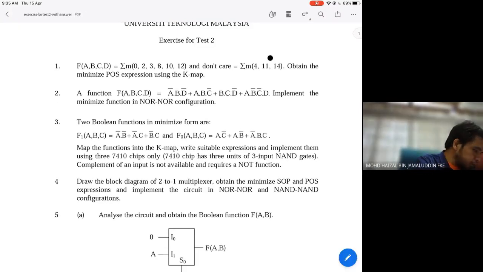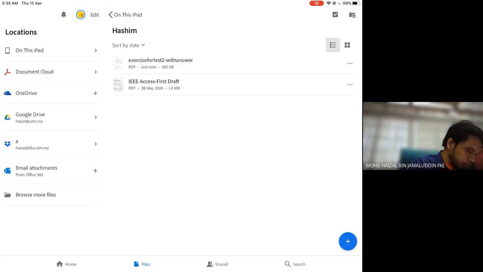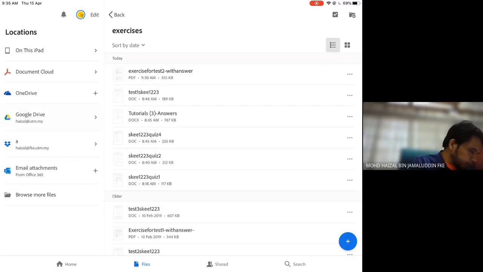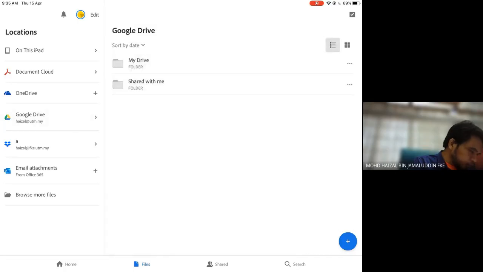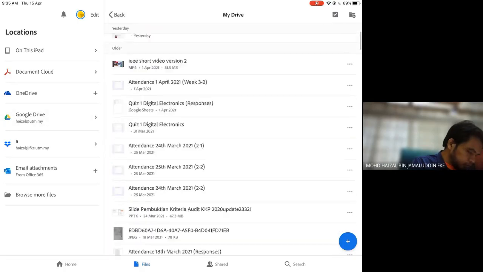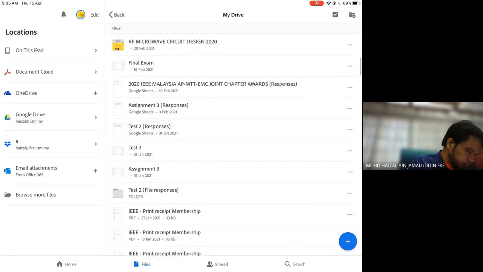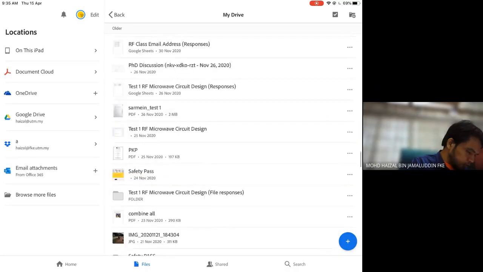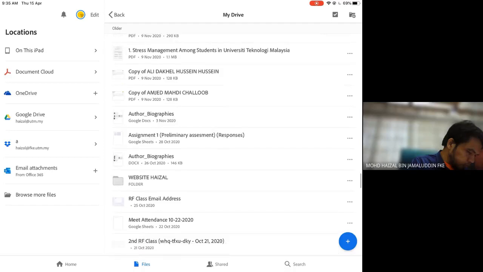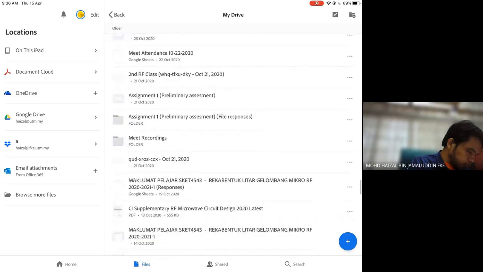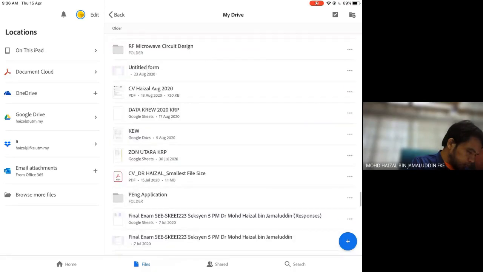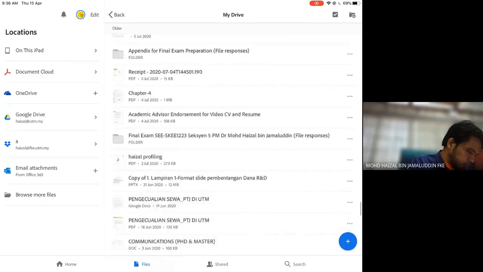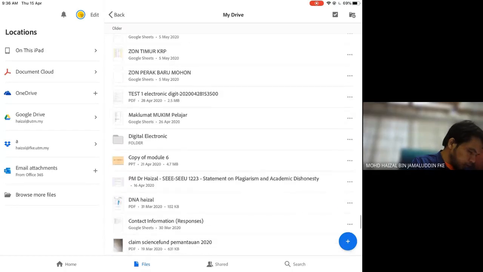Dia patutnya ada exercise for test 1. Mana yang tadi ya?